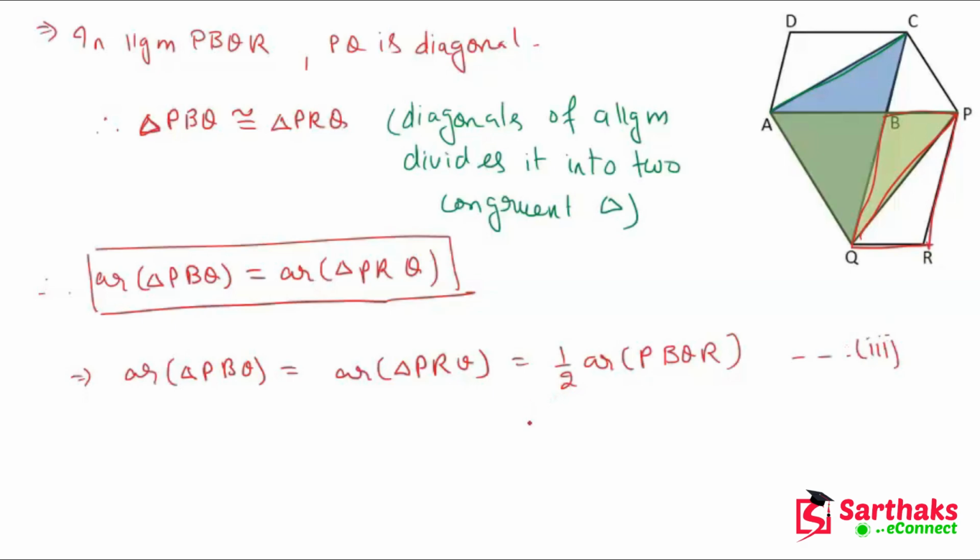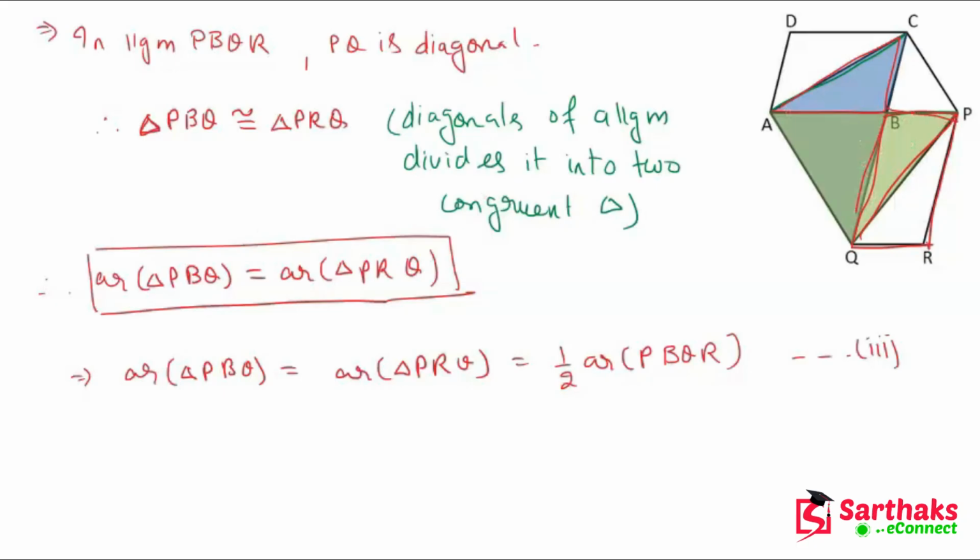From equation number 1 we know that area of triangle ABC is equal to the area of triangle PBQ.